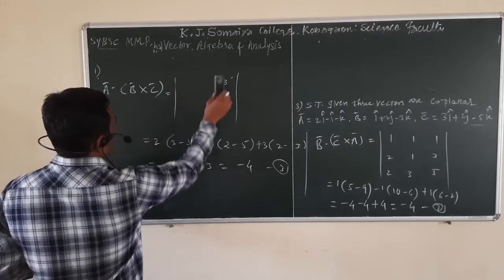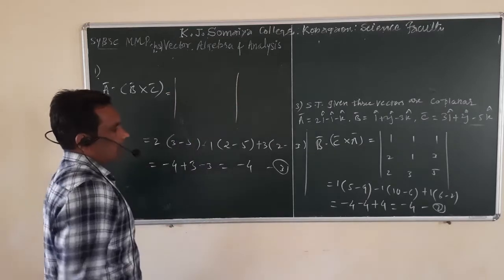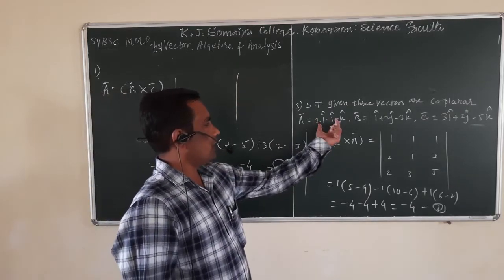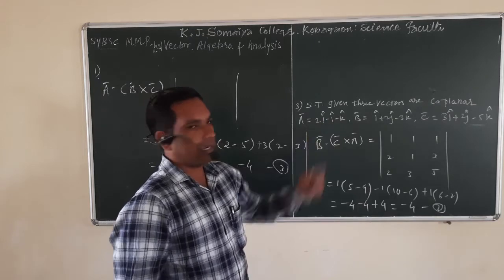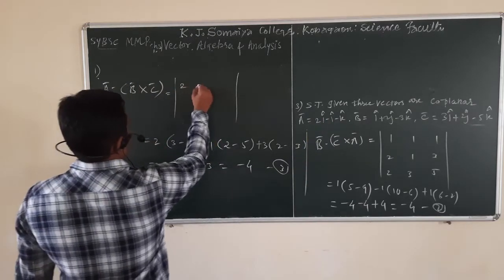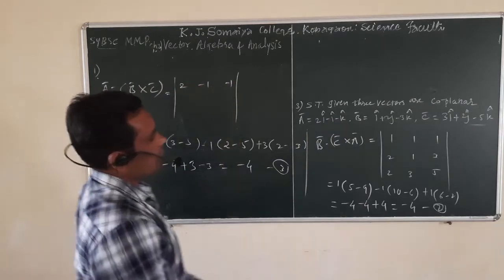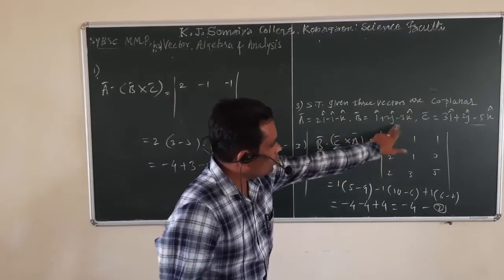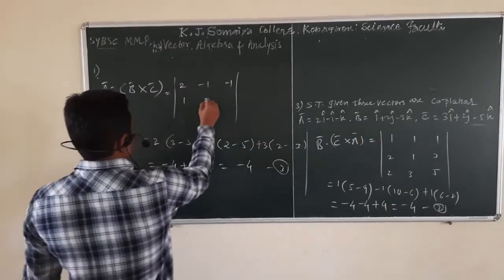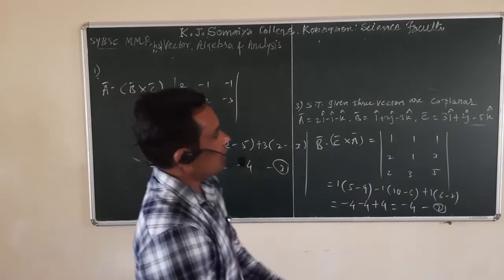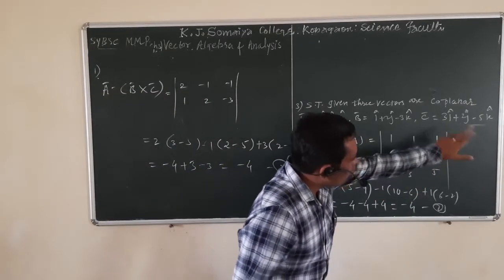That is equal to determinant of, okay, what are the components of vector A? 2 minus 1 minus 1. Then components of vector B 1 2 minus 3. Okay, and components of vector C 3 2 minus 5.